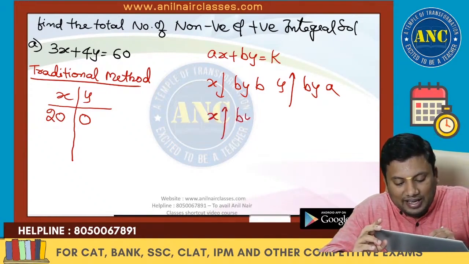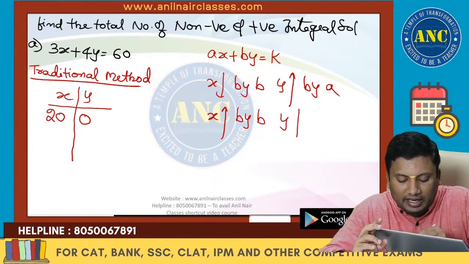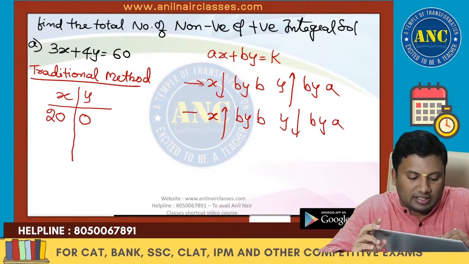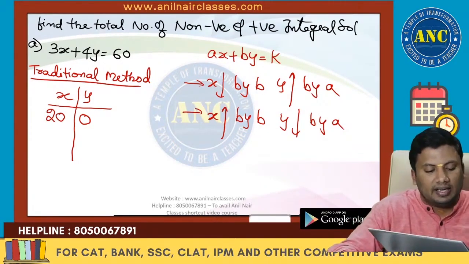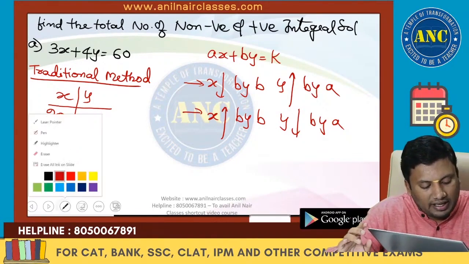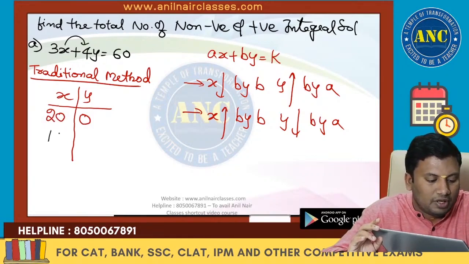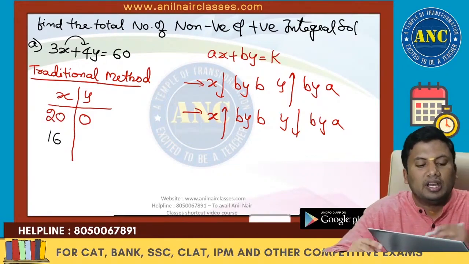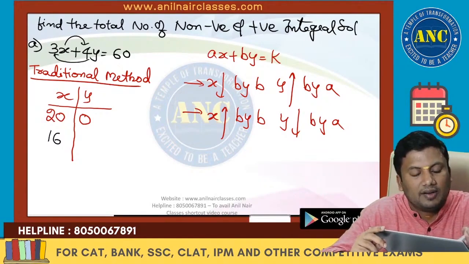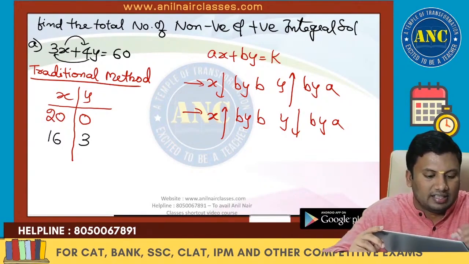If x increases by b, y will decrease by a. Now which case to take among these two cases? X can decrease, x can increase. If I take x decreases, 20 decreases by 4, 20 minus 4, 16. If x is decreasing, y is increasing. This is nothing but 3.